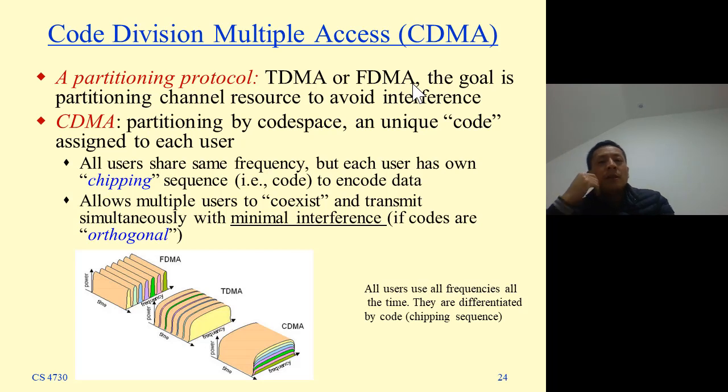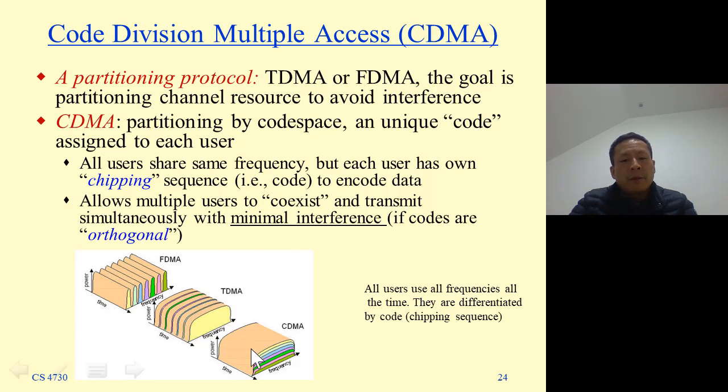On top of TDMA and FDMA, there is also one important technology which is called CDMA. From this graph, we can see the difference between FDMA, TDMA, and CDMA. In CDMA, the difference is that we are not dividing the channel access by frequency or by time slot.